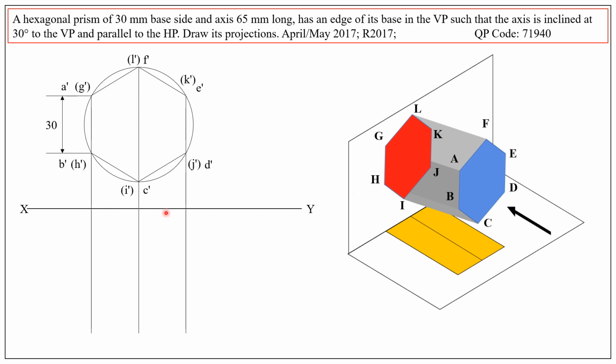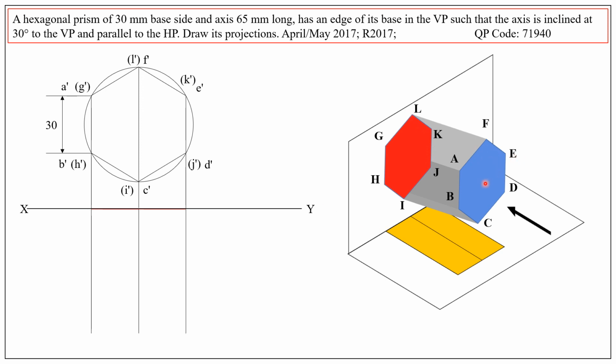Therefore, on the XY line, draw a horizontal line, shown in red color to differentiate, but it is very thin. So this horizontal red line on the XY represents the top view corresponding to the hexagon GHIJKL.